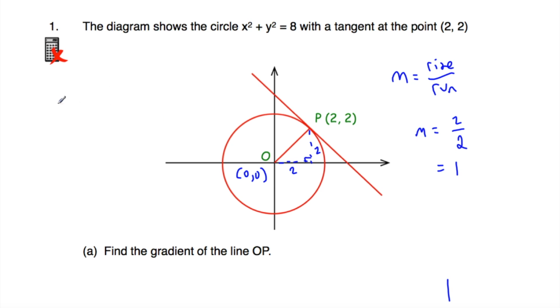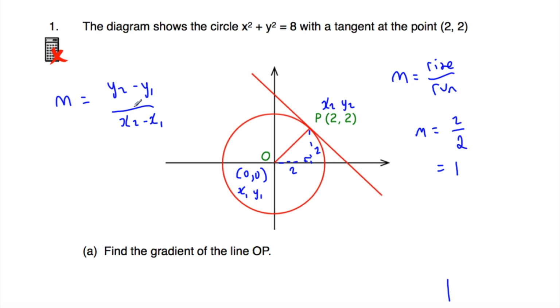Some people like to use the formula m is equal to y2 minus y1 divided by x2 minus x1, where x1, y1 are the coordinates of one point and x2, y2 are the coordinates of another point on the line. Here, the first point, 0, 0, the origin, we call x1, y1. And the next point P, we call x2, y2.